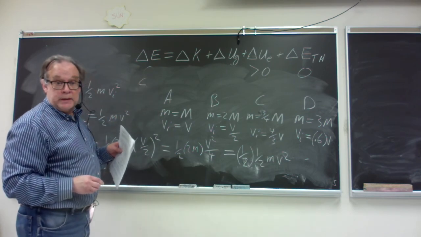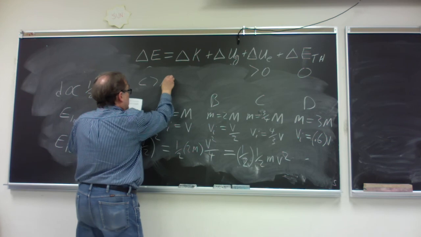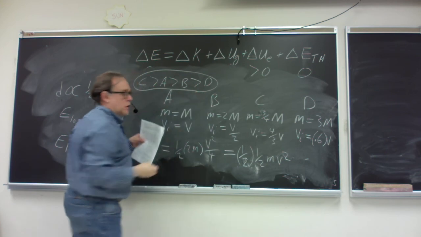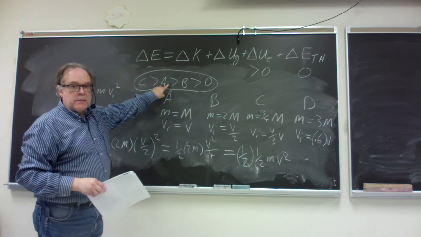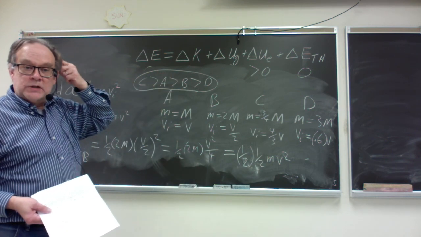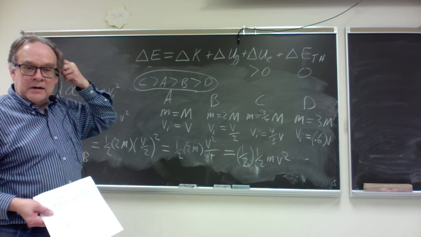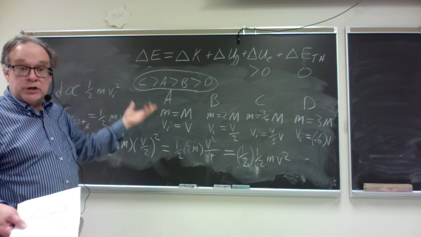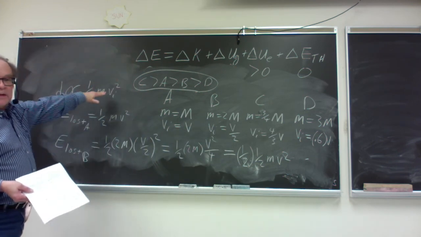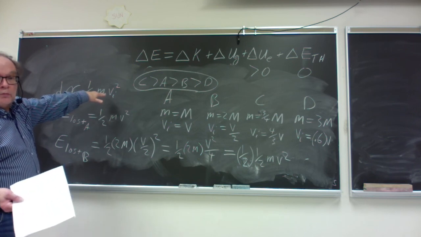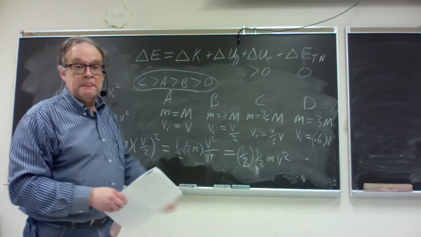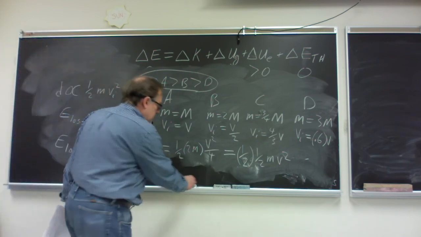Car C had the biggest stopping distance, then followed by A, followed by B, followed by D. We've just seen here that A's stopping distance was bigger than B's, and then if you do the rest of the algebra, you'll see how much energy car C lost, in other words, how much work was done on car C. The energy lost, also known as the work done on car C, is proportional to the stopping distance of car C, and that would have the longest stopping distance.